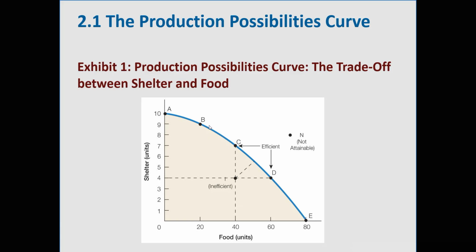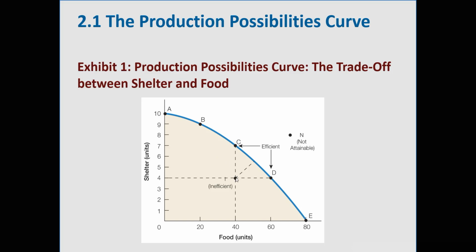Now, just to let you know, any point along this curve is a point of efficiency. What is efficiency in this context? It means you are using all your resources, there is no unemployment. Now you can operate anywhere below this curve. The gray area shows the region of inefficiency. Inefficiency in what sense? In that you are producing but not using all your resources.